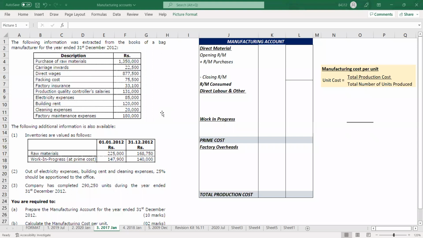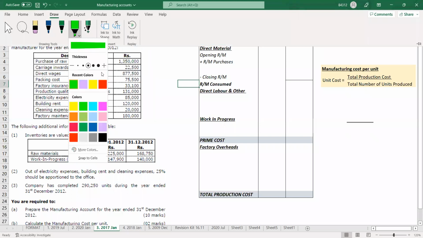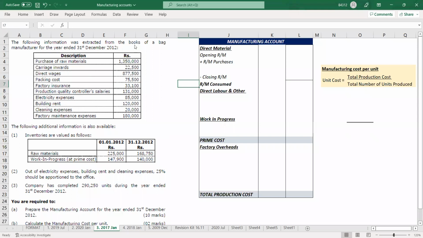Okay. So in this question, let's read. The following information was extracted from the books of a bag manufacturer for the year ended 31st December 2012. A bag manufacturer.